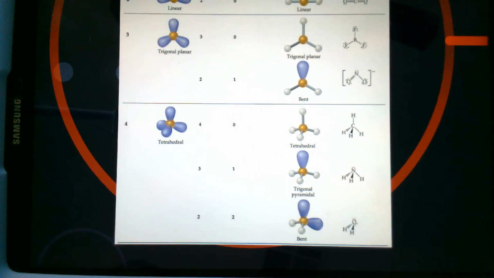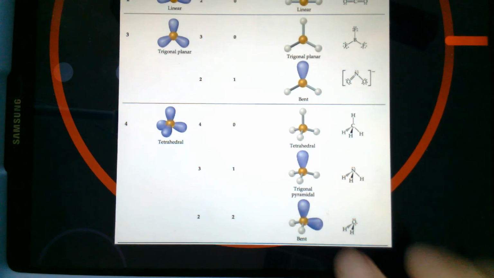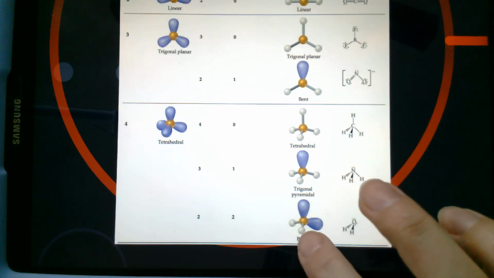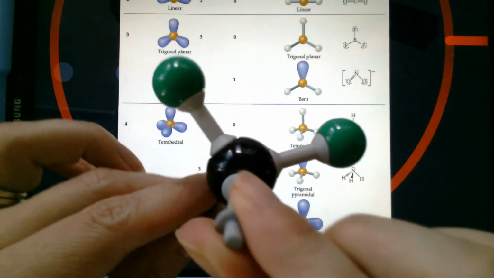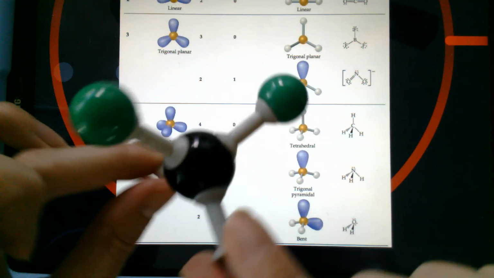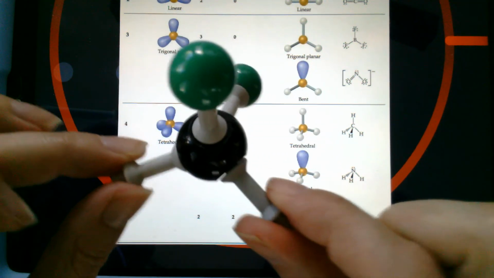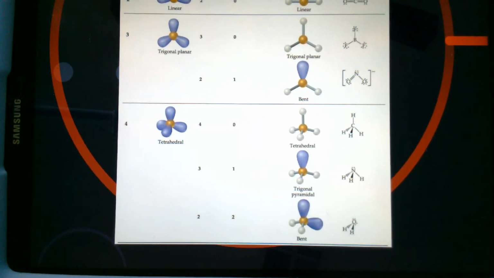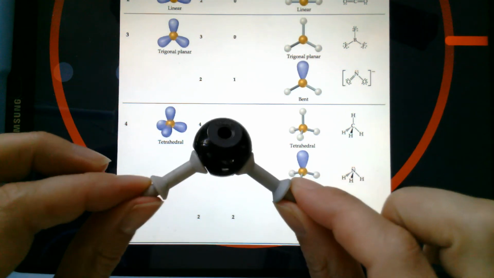The last one, what if we had 2 bonds and 2 lone pairs? Like this, those 2 lone pairs and 2 bonds. Still our nice tetrahedral shape with our 4 electron domains, but once we remove those lone pairs, we end up with this.